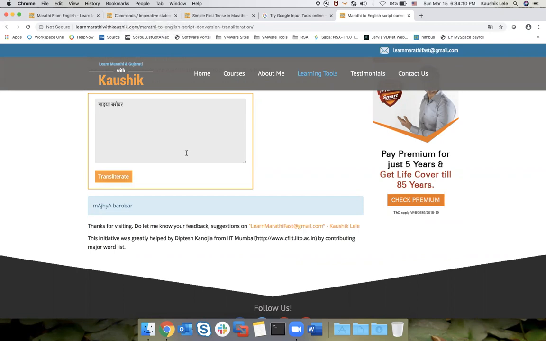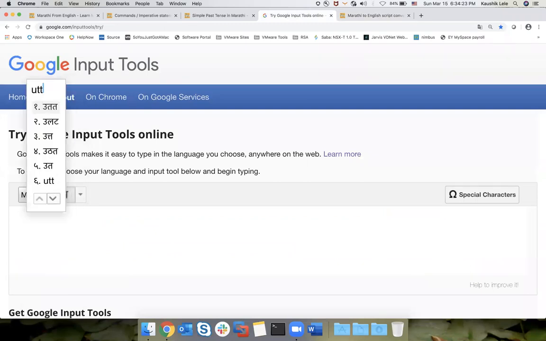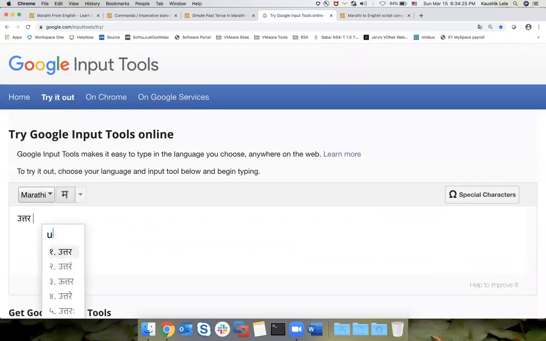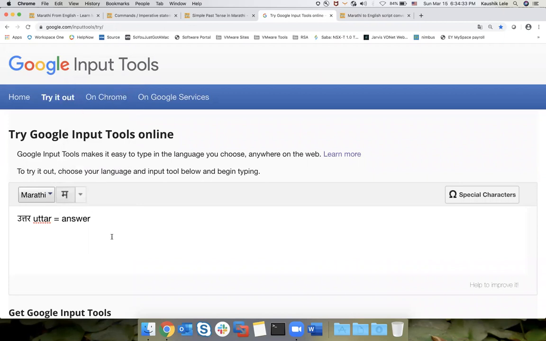Tell me the answer. So do you know the word for answer? उत्तर. Uttar. It's not माझ्या बरोबर. You're not saying with me, right? So it's a different preposition. Mala. Right. मला उत्तर सांग.